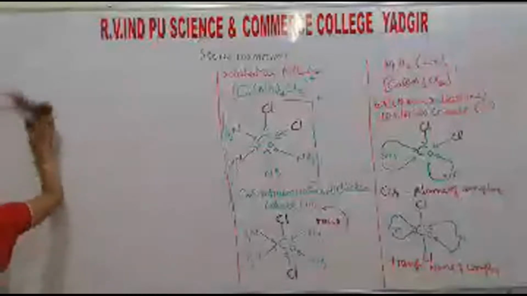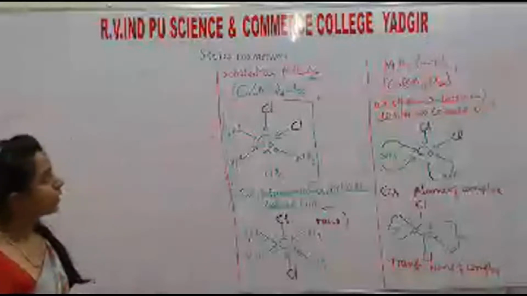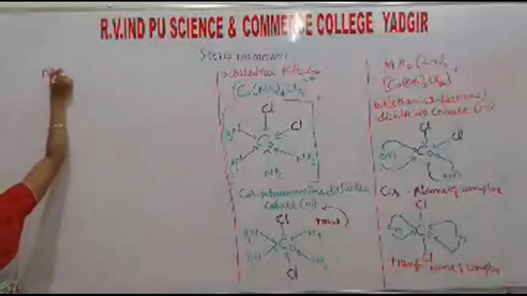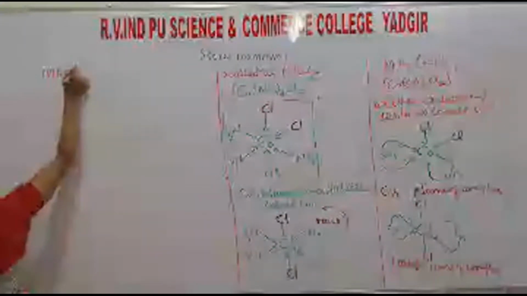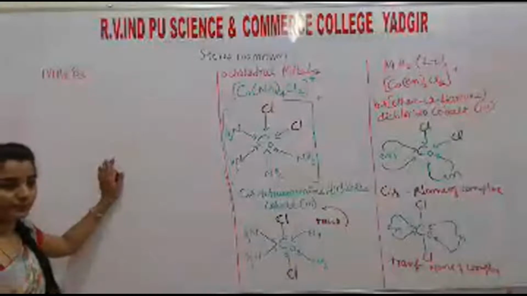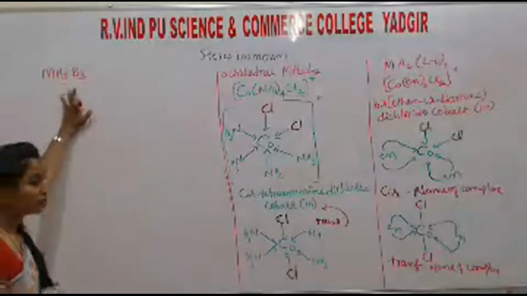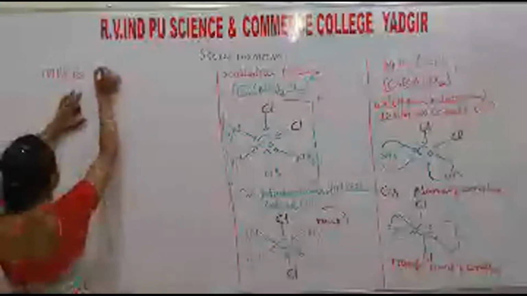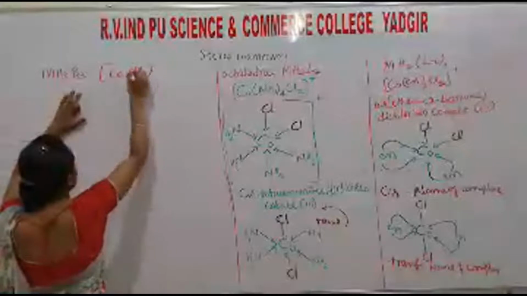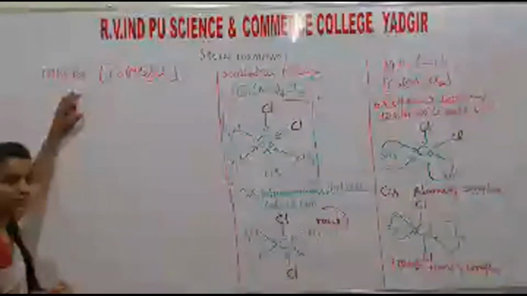That is an octahedral complex of type MA3B3 or MA3L3 you will take. For example, Co NH3 3 times Cl 3 times.